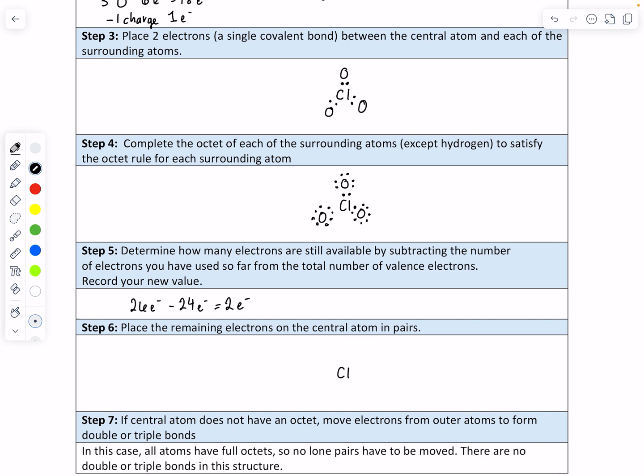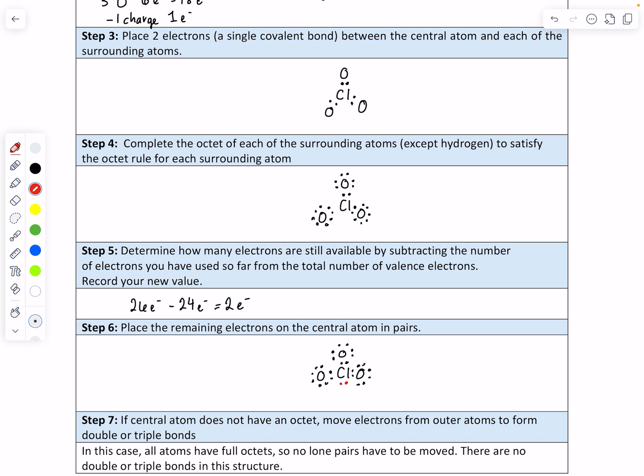So Cl. Place 2 additional electrons on the central atom.